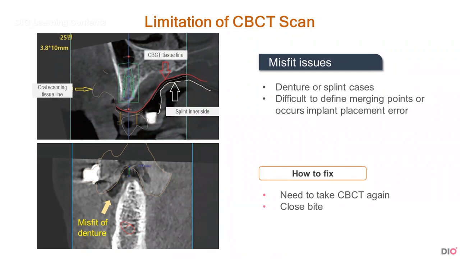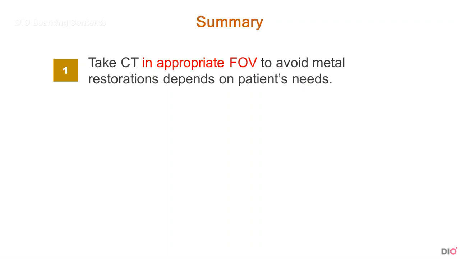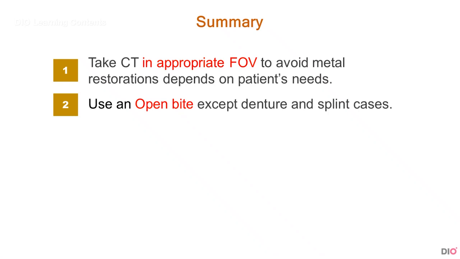So far, you have learned the basics of the CBCT for DioNavi guided surgery. Let me summarize what you've learned so far. First, CT should be taken with an appropriate FOV size. Second, except for the denture or splint, CT should be taken with an open bite to find the correct occlusal surface and registration point.